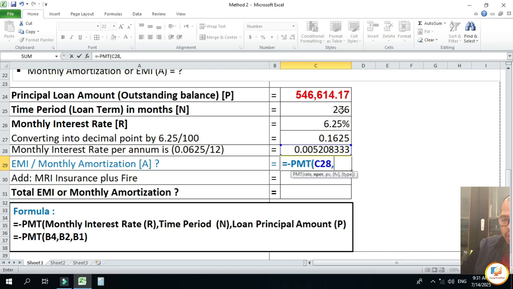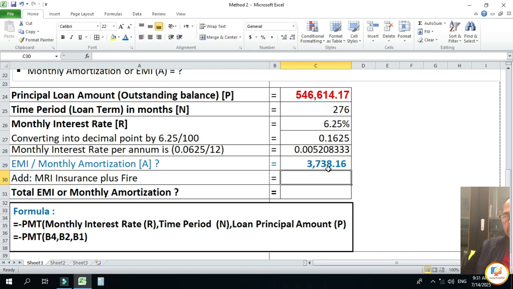Then comma again. Then the loan principal, our P, is here. Click it here. But then you have to close it. Then enter. So here, guys, this is my loan now, 3,738.16.